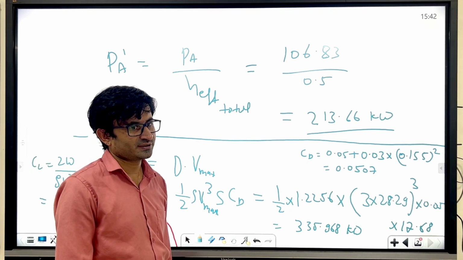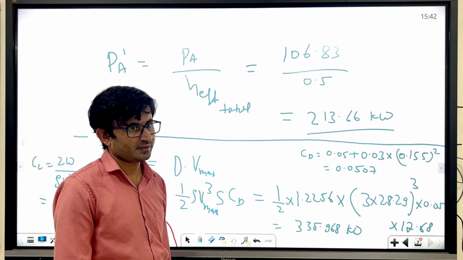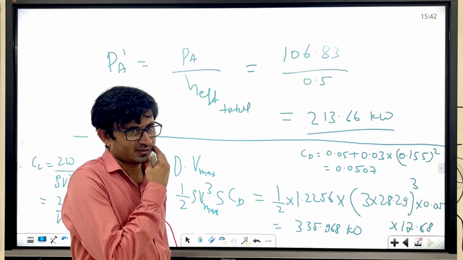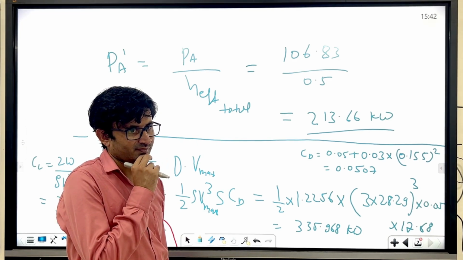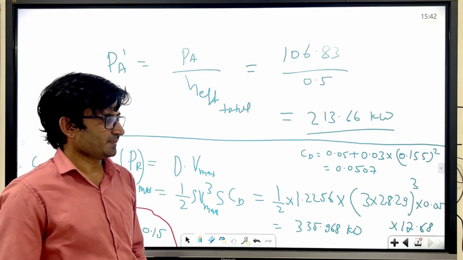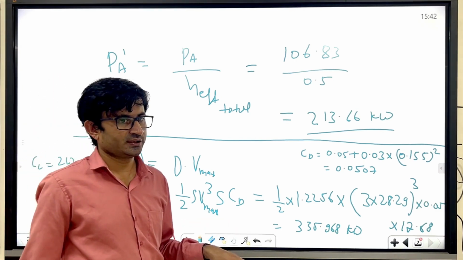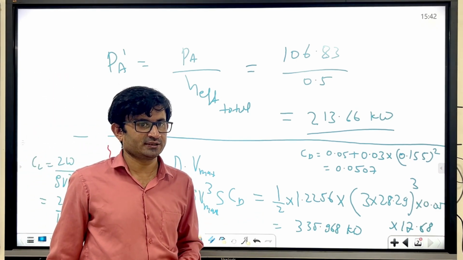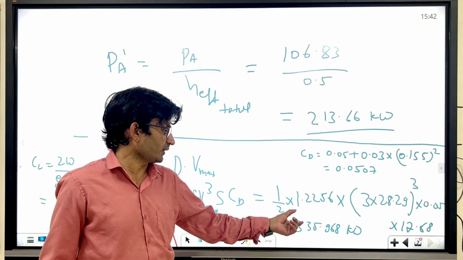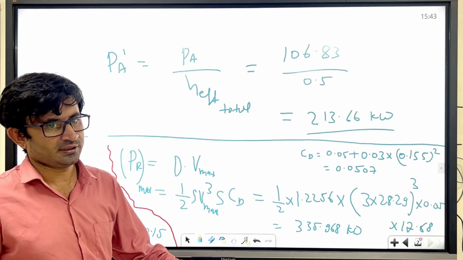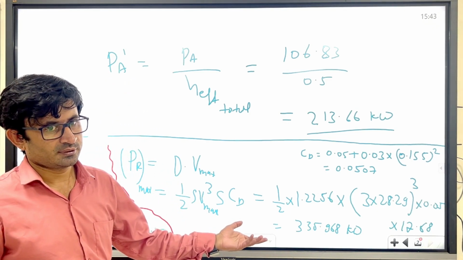So in which case is the power required more? In cruise, right? So that means if you want to fly in cruise condition at the Vmax condition, you have to have this much power. So you can select the engine based on this power also.